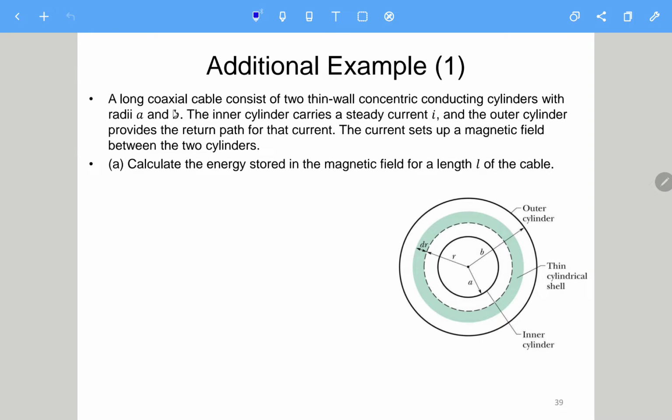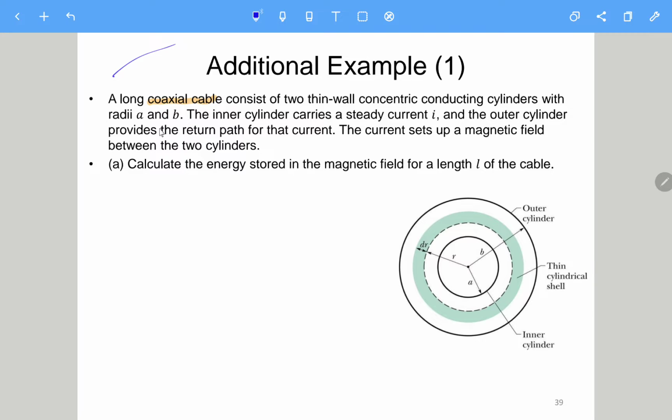Okay, so this is a so-called coaxial cable, which is used for transmitting high frequency data. If you just use a single wire to transmit a signal, then the signal will attenuate fast.